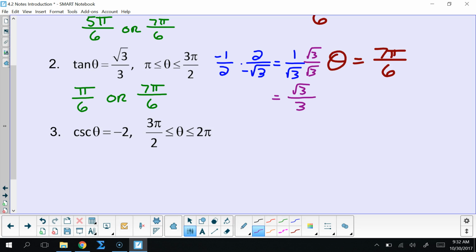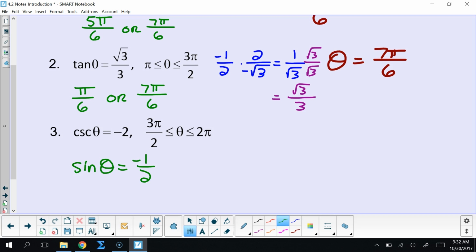It's what? It's the reciprocal of sine, right? So if I reciprocal negative 2, what do I get? Negative 1/2. So this is where the sine of theta is negative 1/2.